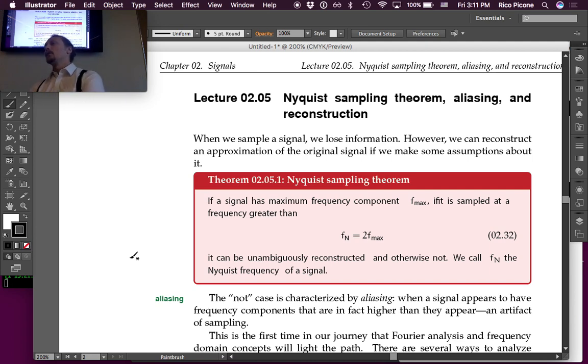And then we learned how to take the Fourier transform of that, and we learned that it essentially copies at the sampling frequency, it copies that Fourier transform representation over and over again throughout the spectrum.